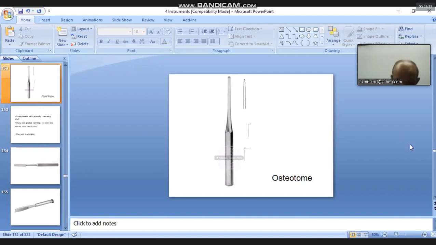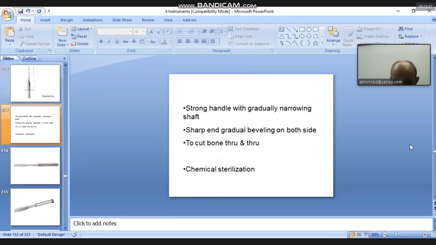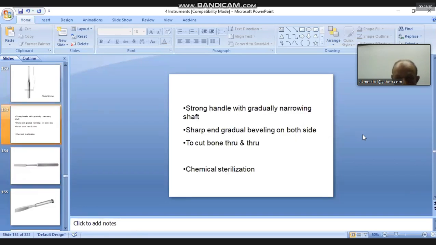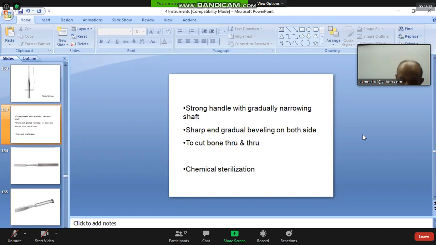This is osteotome, and there is almost similar other instrument. This is chisel. Then osteotome, the strong handle with gradually narrowing shaft, sharp end, gradual beveling on both sides to cut the bone through and through.